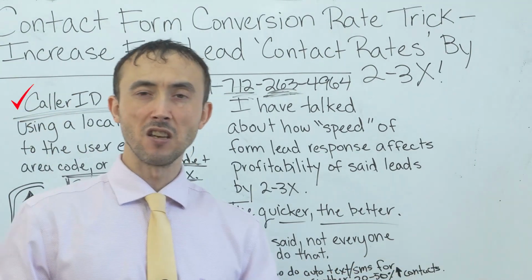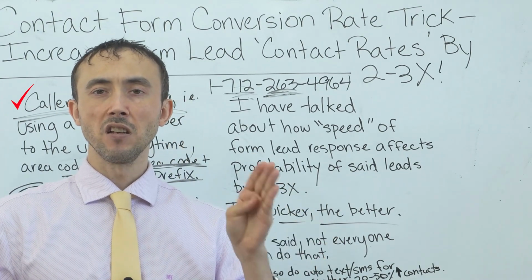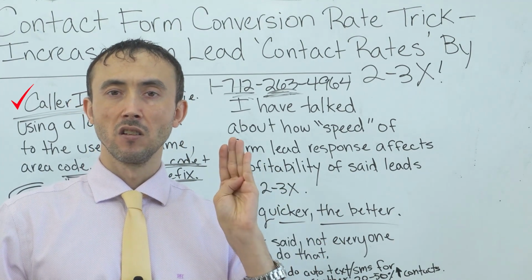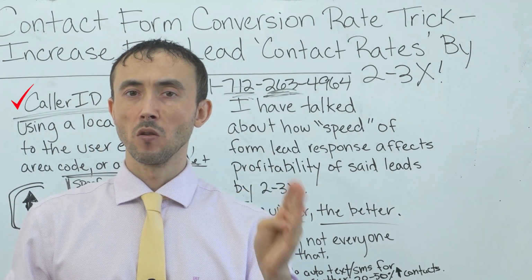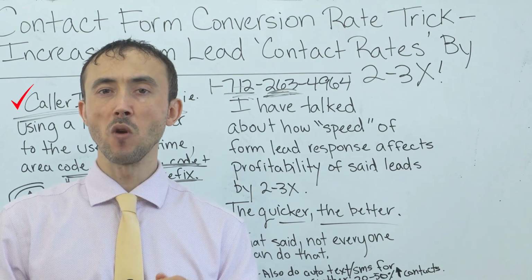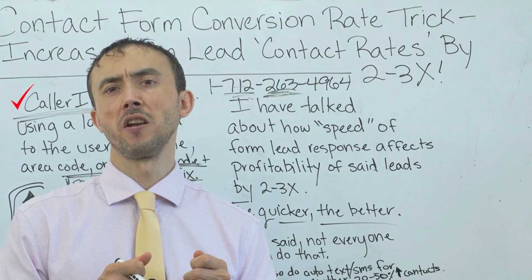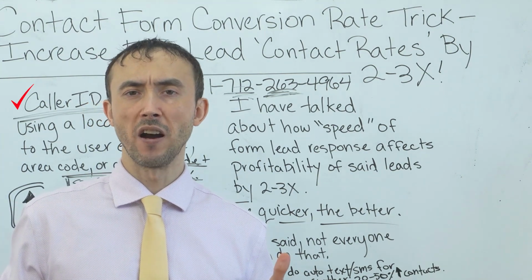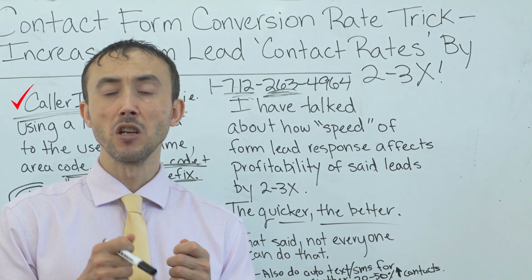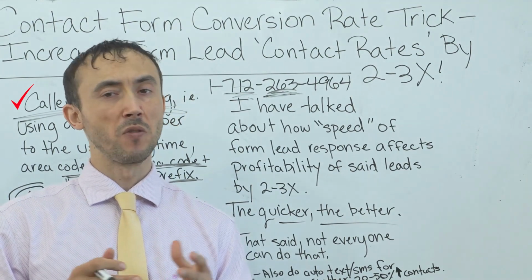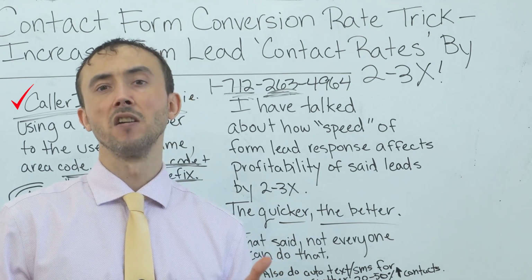Meaning, you automatically SMS text the form lead as soon as they fill out the form, and you ask them a question like, how big is the hole in the wall that you want us to fix if you're doing drywall repair? Or what kind of tattoo do you want us to remove? Can you send a picture to us? We've done that type of thing for a client in that exact space, I should say.